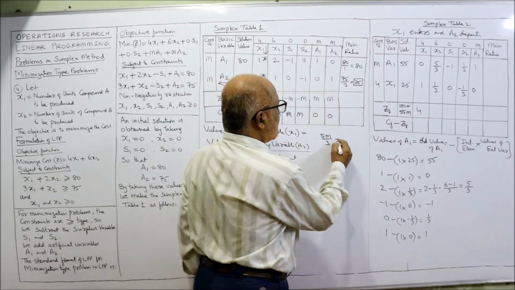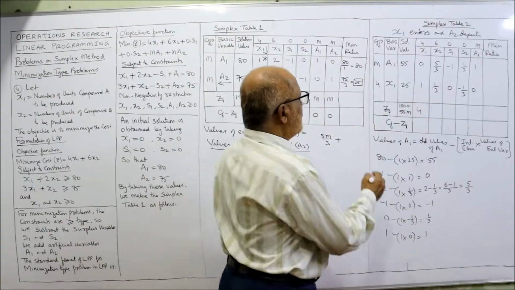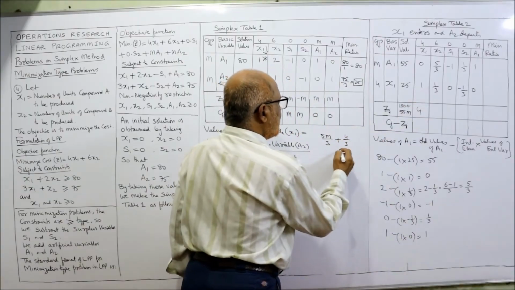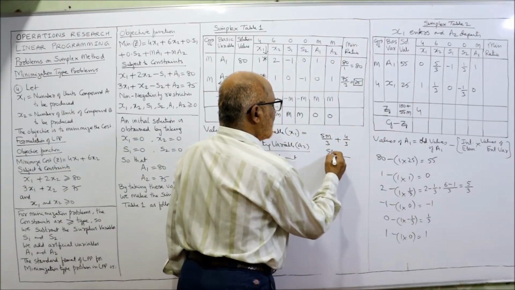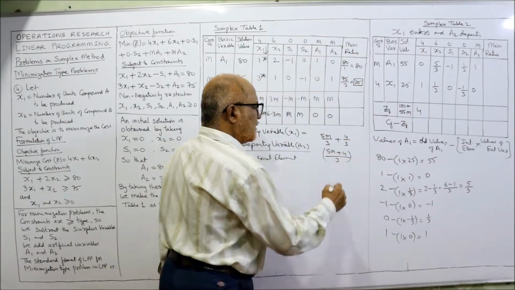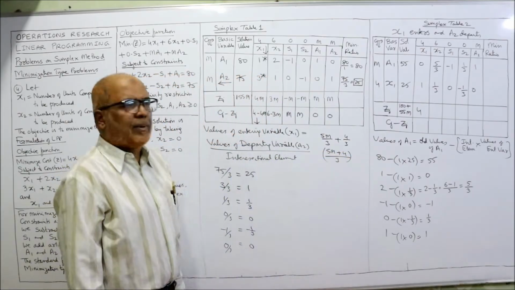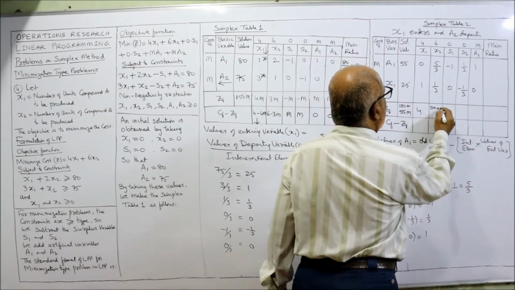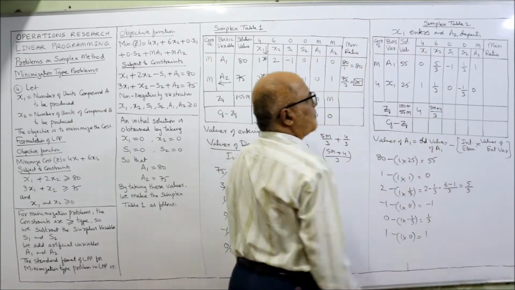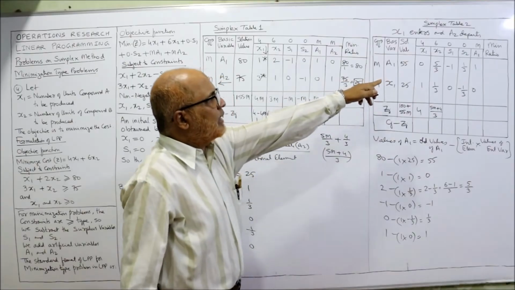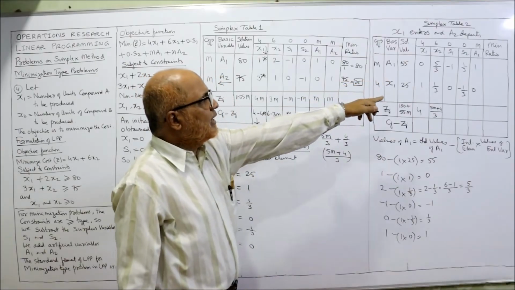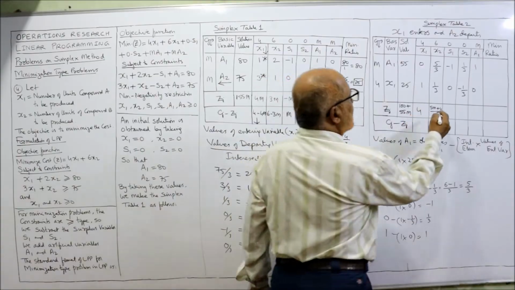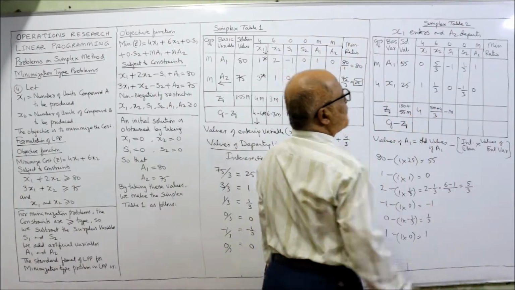Plus 4 into 1 by 3 is 4 by 3. If we take the LCM, 5m plus 4 divided by 3. So here you write down 5m plus 4 divided by 3. So M into minus 1 is minus m. 4 into 0 is 0. So here you can write minus m.